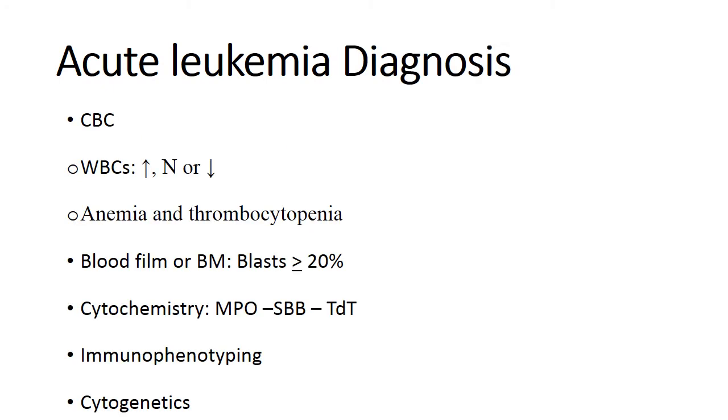We will study the laboratory findings in the case of acute leukemia and how to diagnose a case of acute leukemia. First, we do what is called CBC or complete blood count, where we will find the white blood cells may be increased, normal, or decreased. The blast cells will infiltrate the bone marrow and may or may not infiltrate the peripheral blood.